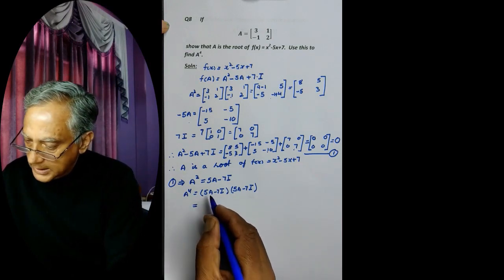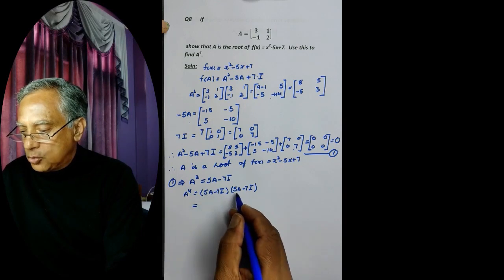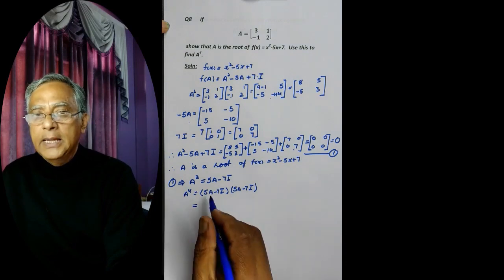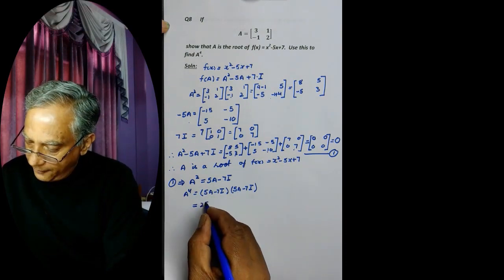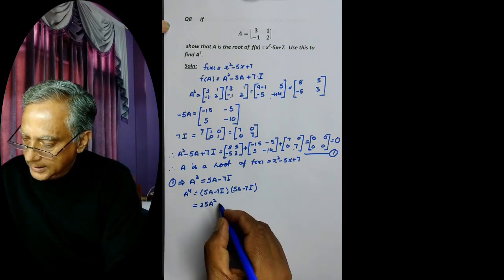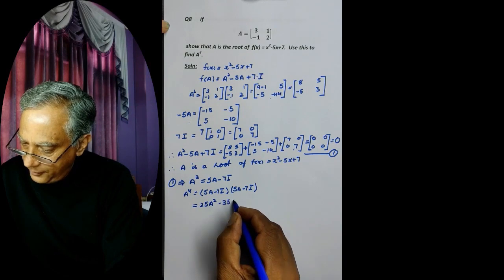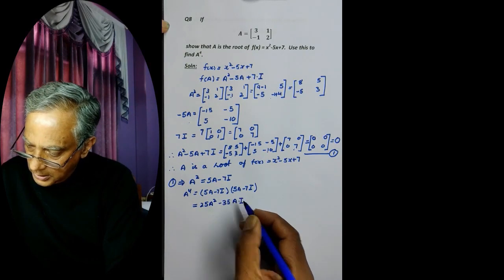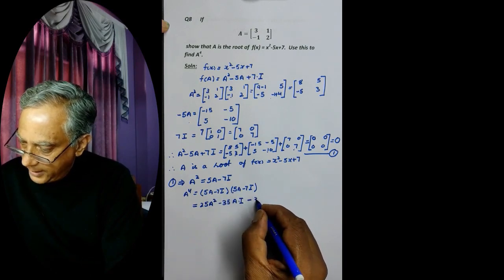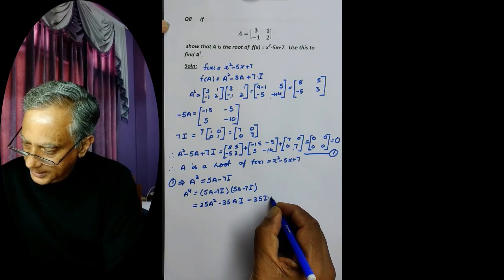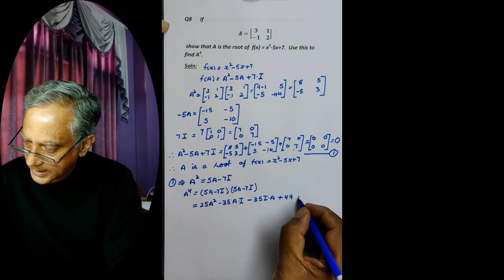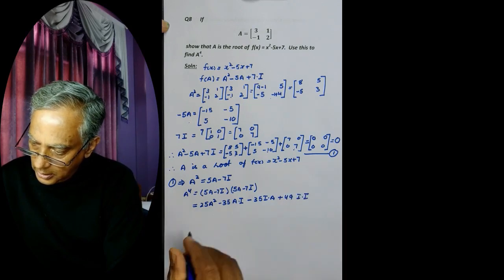So you must keep the order of the two matrices the same. If it is getting multiplied from left, you must keep it on the left. So this will be 25A square. This into this. This will be minus 35A into I. Minus 7 into 5 is minus 35 I into A. This into this. Plus 49 I into I.